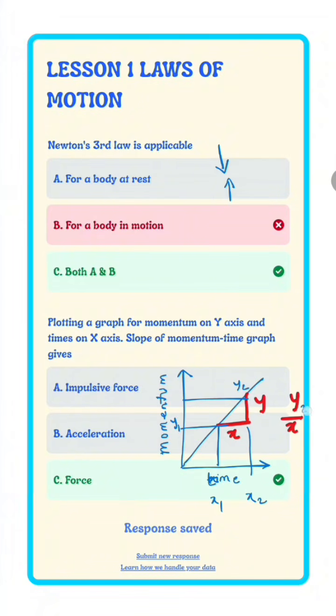So the slope is y2 minus y1 divided by x2 minus x1. If you calculate this slope, what is the answer? It is the rate of change of momentum with respect to time, so it is the force.